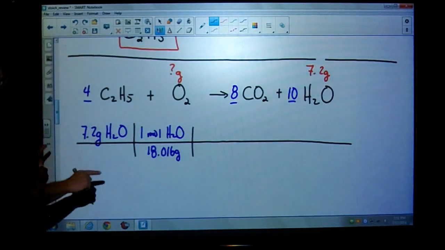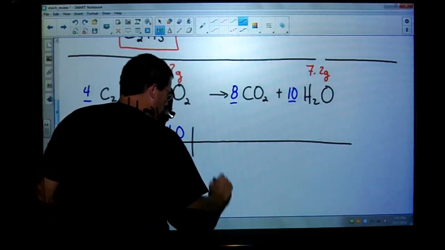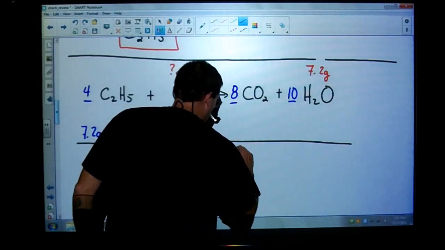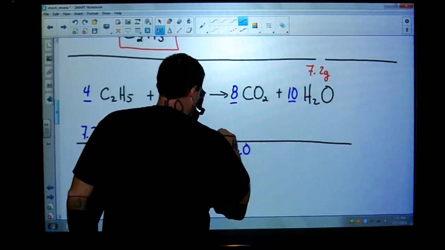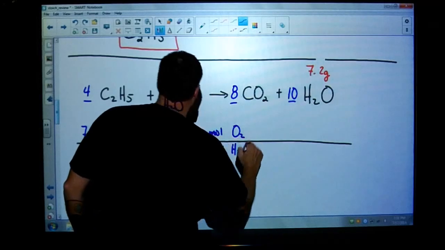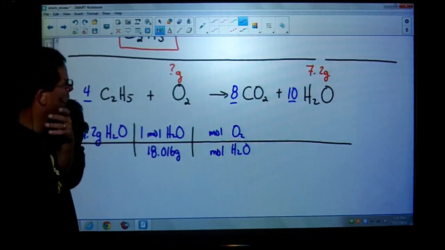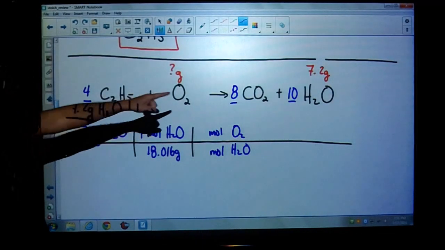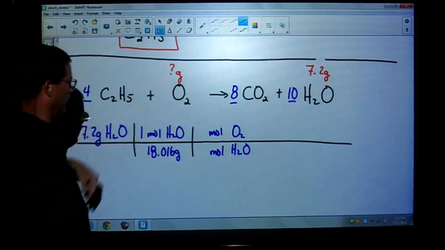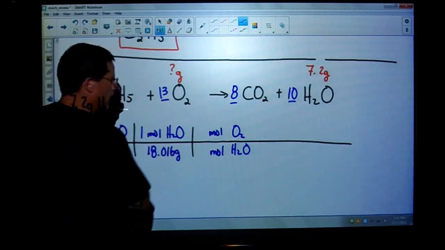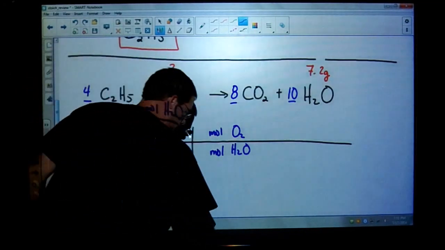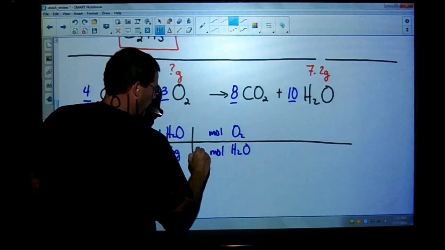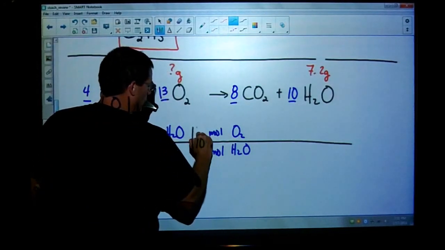And then I'm going to do a mole ratio, get rid of the moles of water. So moles of water compared to moles of oxygen. I don't think I finished balancing this. Hold on, let's finish balancing. So I've got 16 plus 10 is 26, so I got a 13 here. Okay, I need that value for this next step. So that is 10 waters and 13 oxygens.